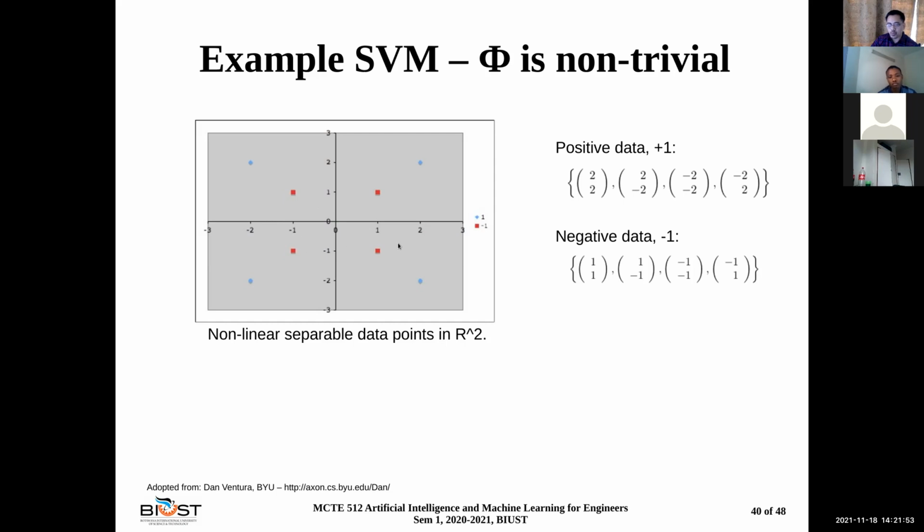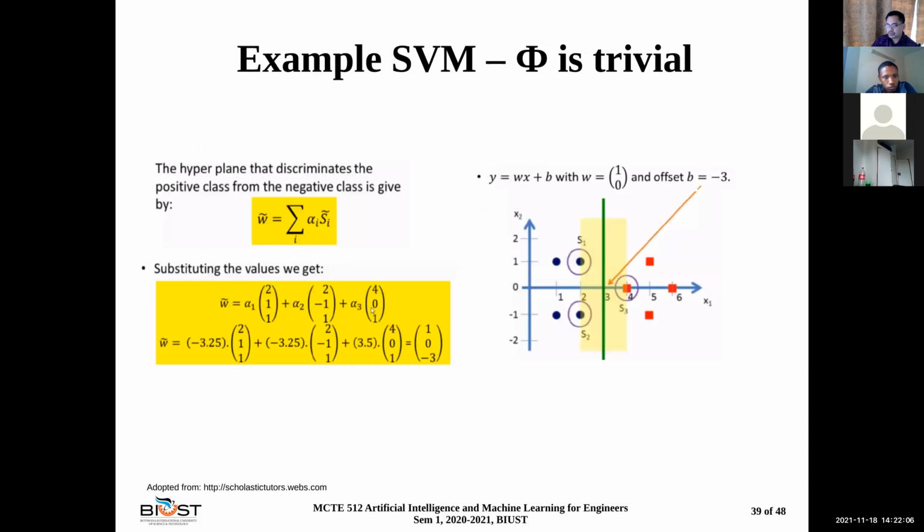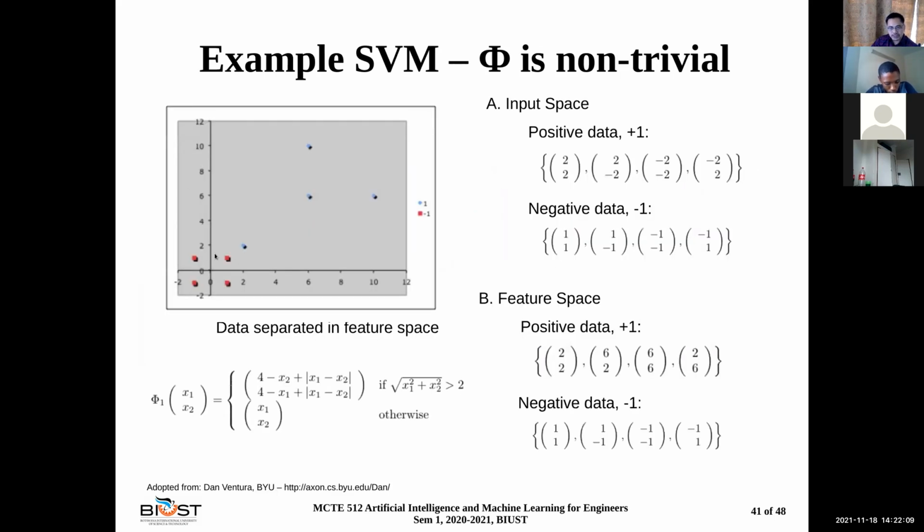If the norm is greater than 2, I mean 2 or more, then you transform. And so with this function, the data is transformed into this positive quadrant, where they are just thrown there now.